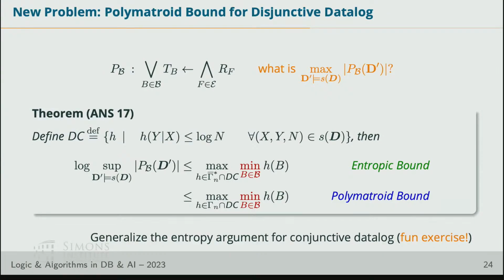Just show them the entropic argument for full conjunctive query, and then you can ask them to prove this bound. It's very similar, but it's subtly different. It takes about 3 lines of argument, so it's a good exercise to do. But now that we have the polymatroid bound for this, we can play the same game and go back and do the Shannon flow inequality and use the PANDA algorithm to solve the query.